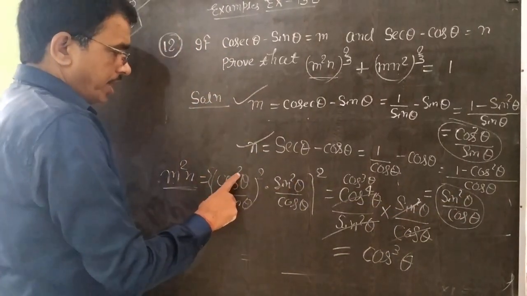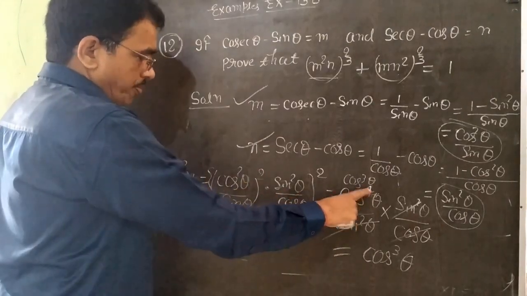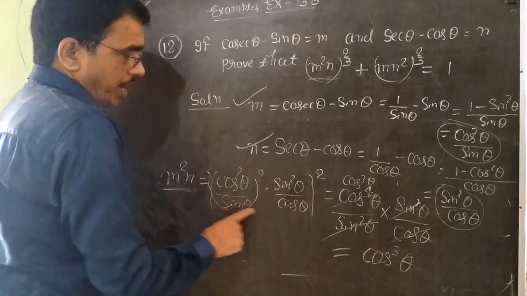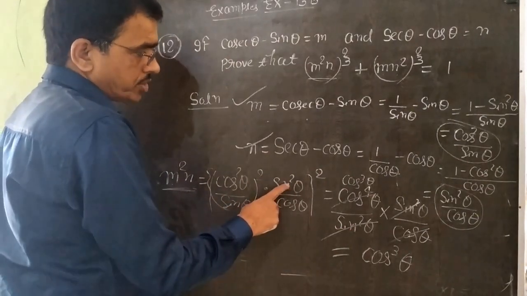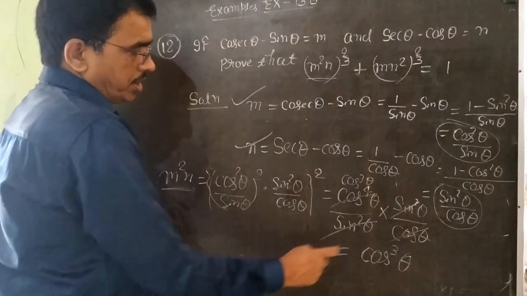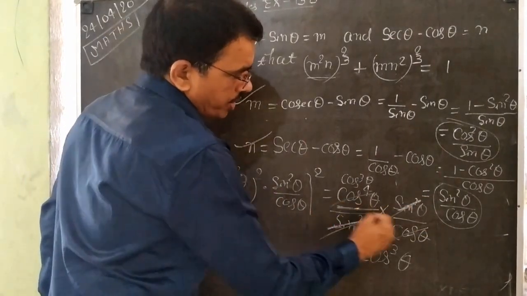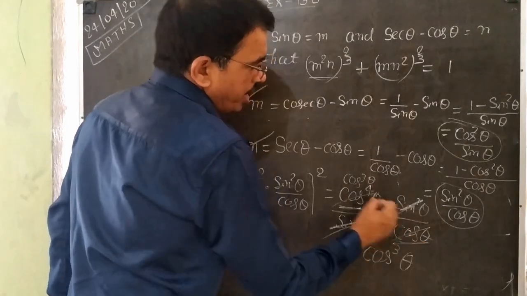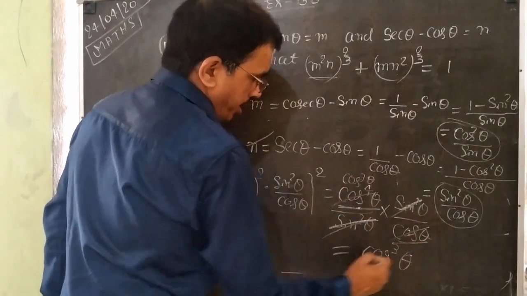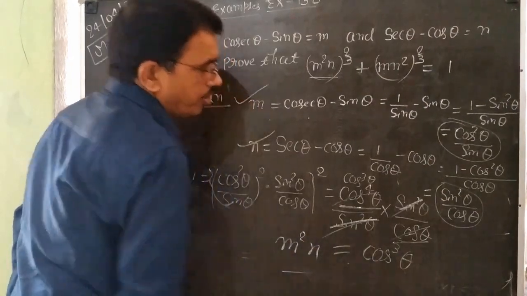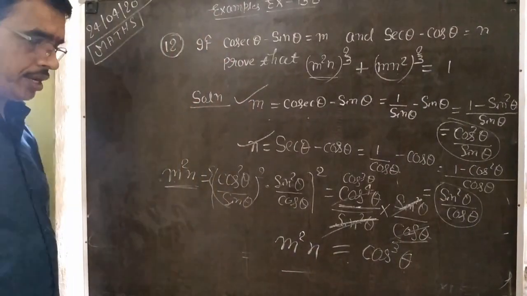Now squaring them, you get cos to the power 4 by sin square into sin square by cos, because cos square squared is cos to the power 4. So this sin square and sin square cancel, and here is cos 4 theta and cos theta only, so here is cos 3 theta. So the value of m square n is equal to cos to the power 3 theta.